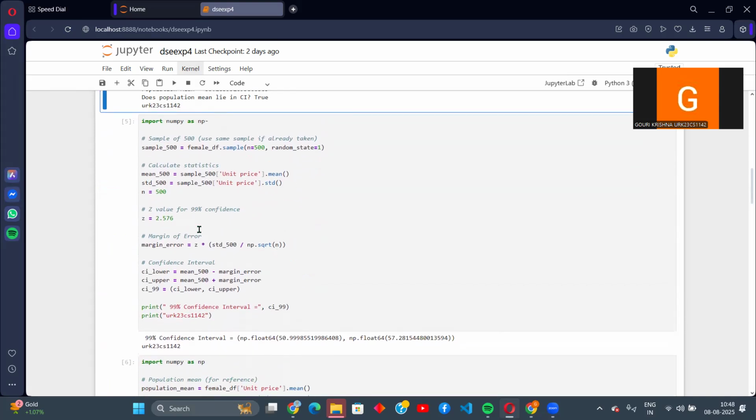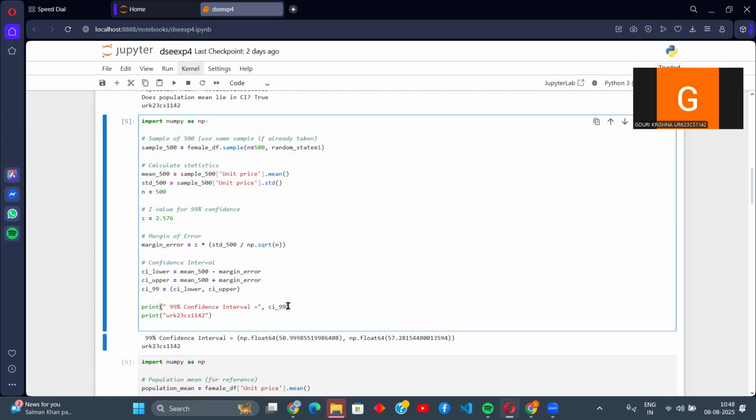So this is the fourth one, and this is the fifth one. In the fifth one, we see the 99 percentage confidence interval for sample mean n equal to 500. It is similar to question 4, but there we used 1.96 as the z-score value, and here we used the z-score value 2.567 for 99 percentage confidence.